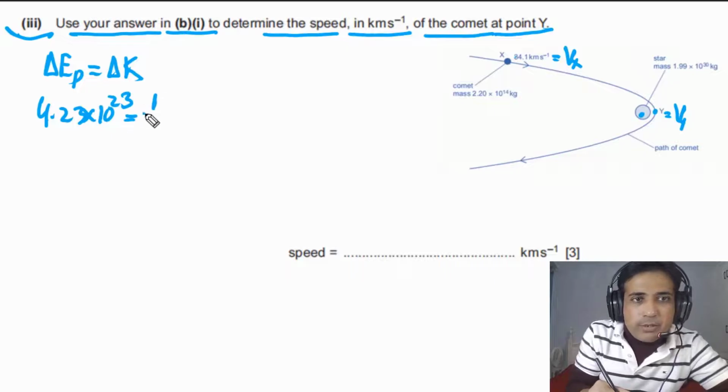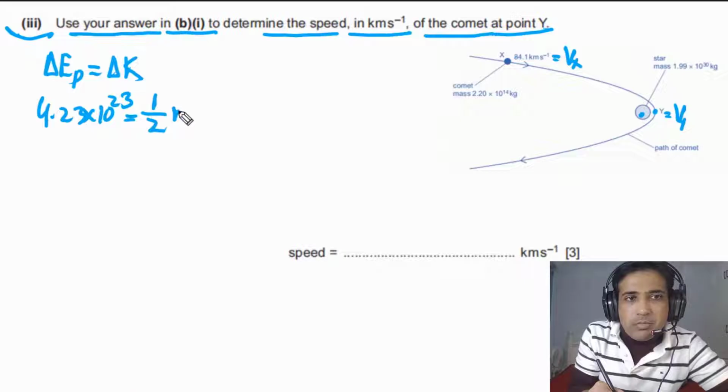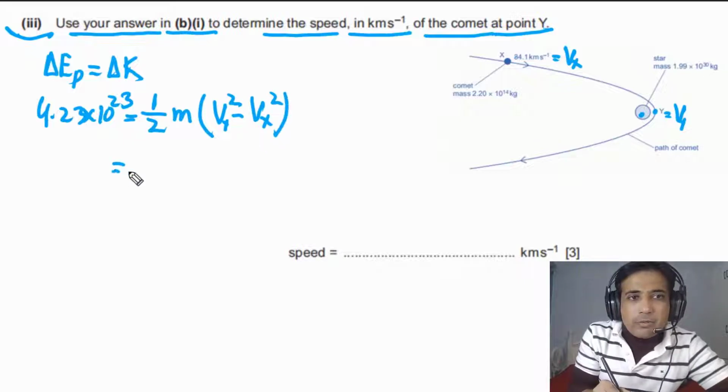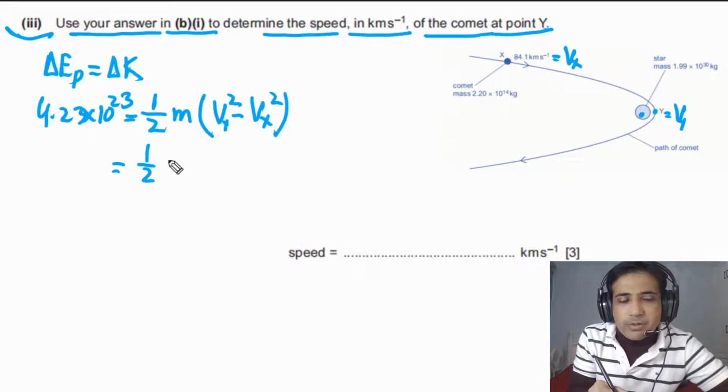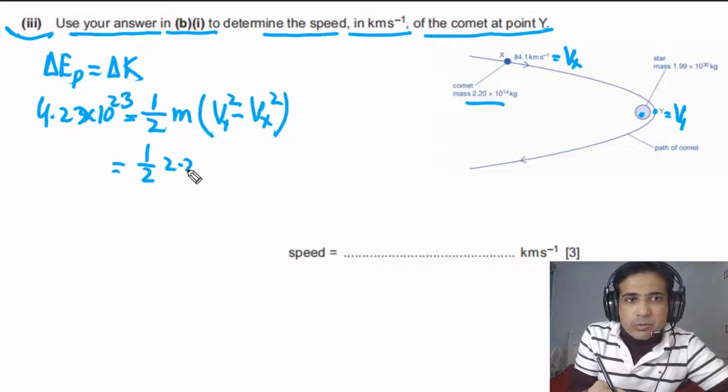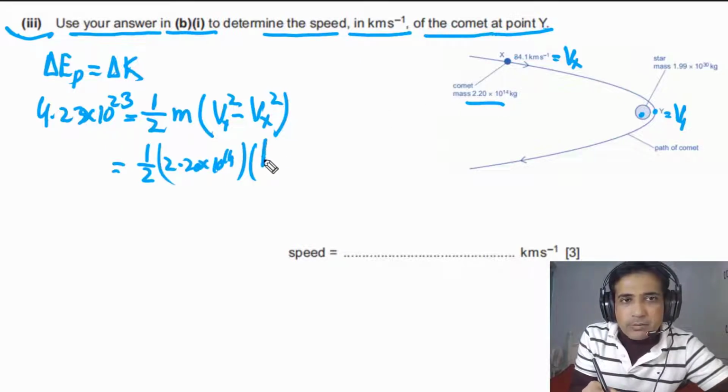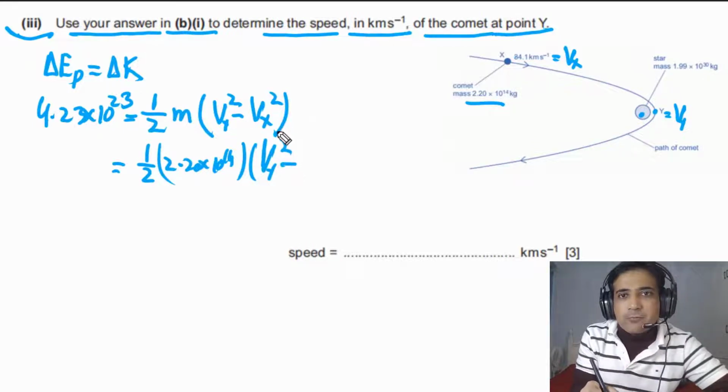So we can write down the formula for change in kinetic energy. In kinetic energy, mass is common, so we can take it out. So we can write down speed of the comet at point Y minus speed of the comet at point X. Now we can plug in values. Mass of the comet is 2.20 times 10 to 14 times Vy square minus Vx square.